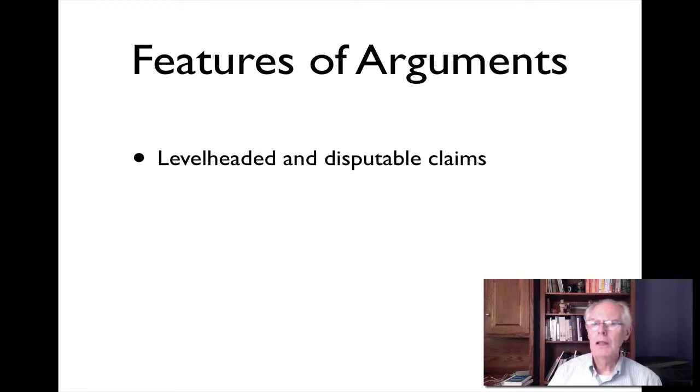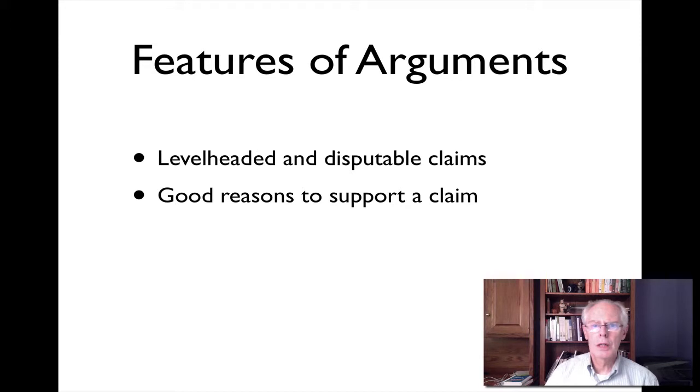We're talking about claims that are level-headed, make sense, can be expected to be believed by reasonable people. But they are disputable claims. So there is always a disputable claim, something that can be argued for or against, or other points of view can be held that are counter to the claim that you're putting forward.